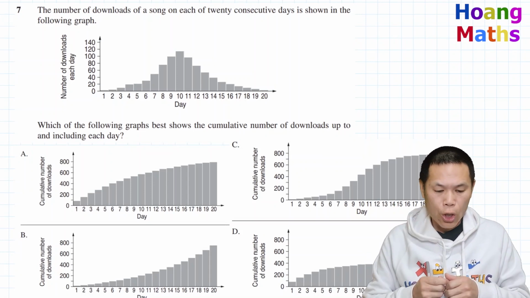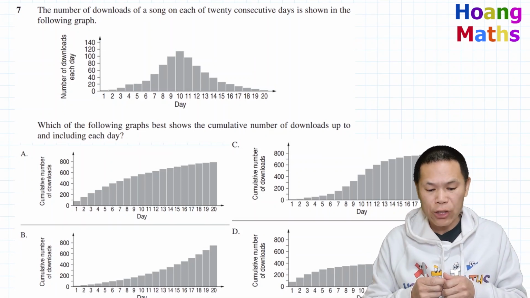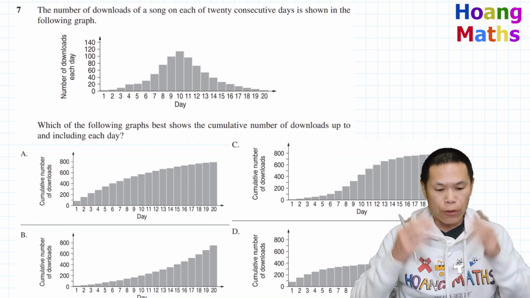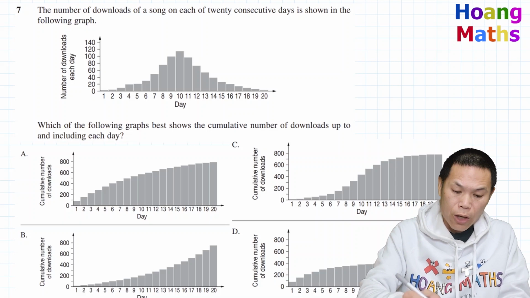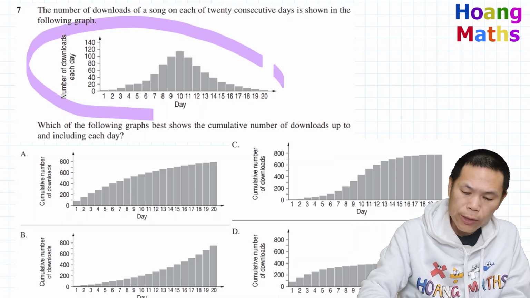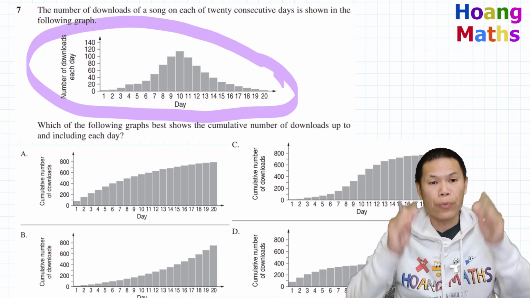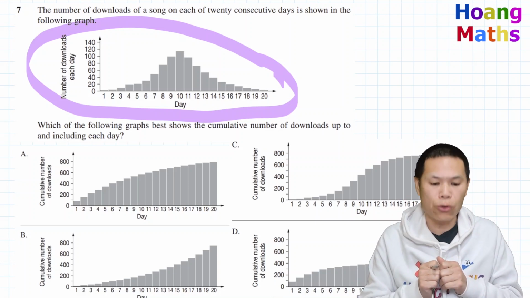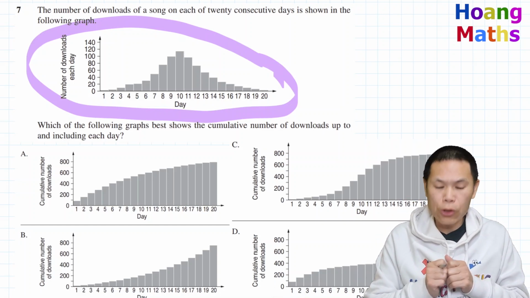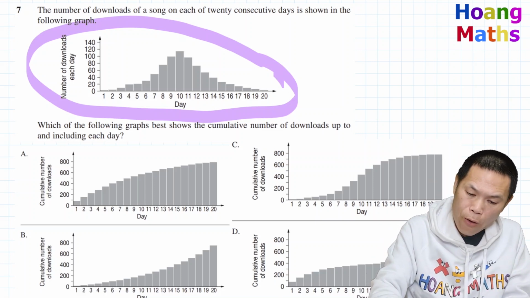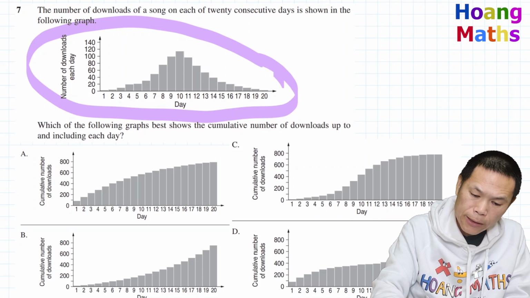Question 7. Which of the following graphs best shows the cumulative number of downloads up to and including each day? First of all, we need to know that this is a frequency histogram graph, and we need to convert that into a cumulative frequency histogram. So we need to look at this here: 1, 2, 3, 4, 5, and 6.